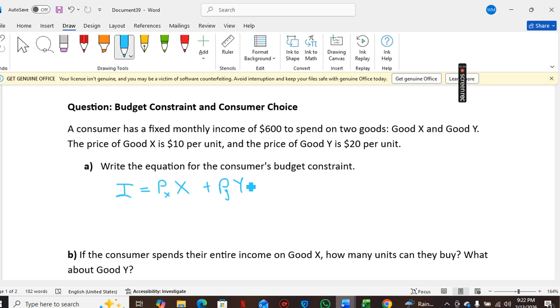Your income here, they told us $600. Let me put it like this so that it looks proper mathematically. So our income is $600.